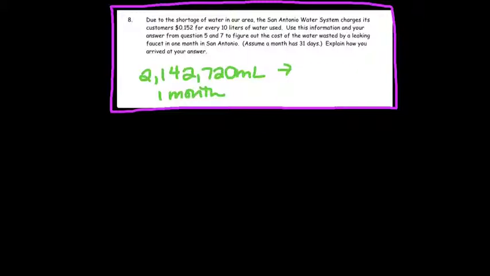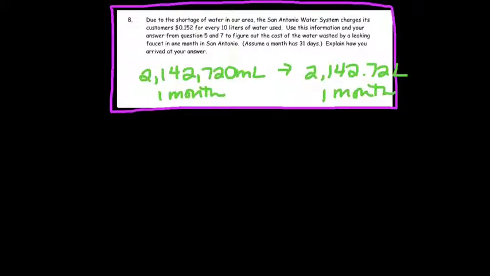So to figure out how many liters I've actually wasted, I have to divide this number by 1,000. I'm left with 2,142.72 liters that are lost in 1 month. So that's a little bit easier of a number to work with.